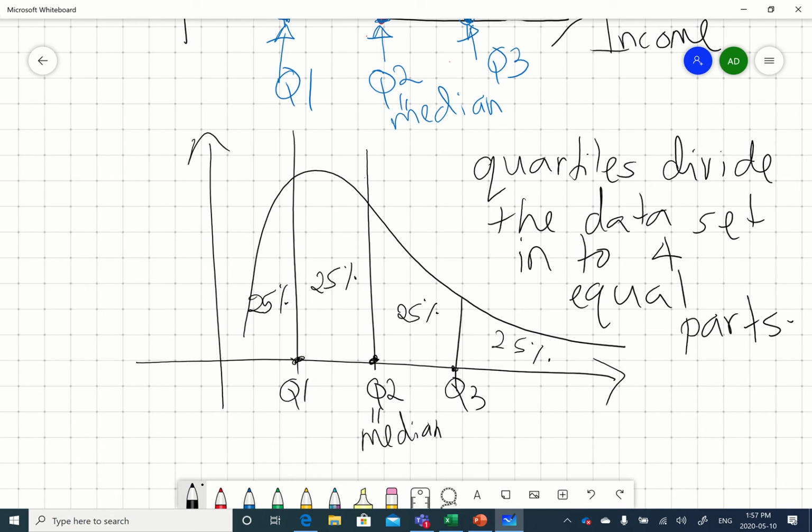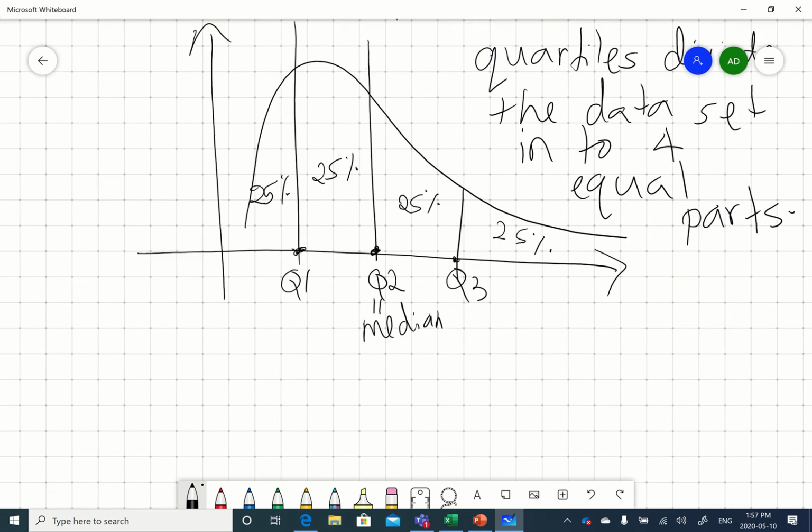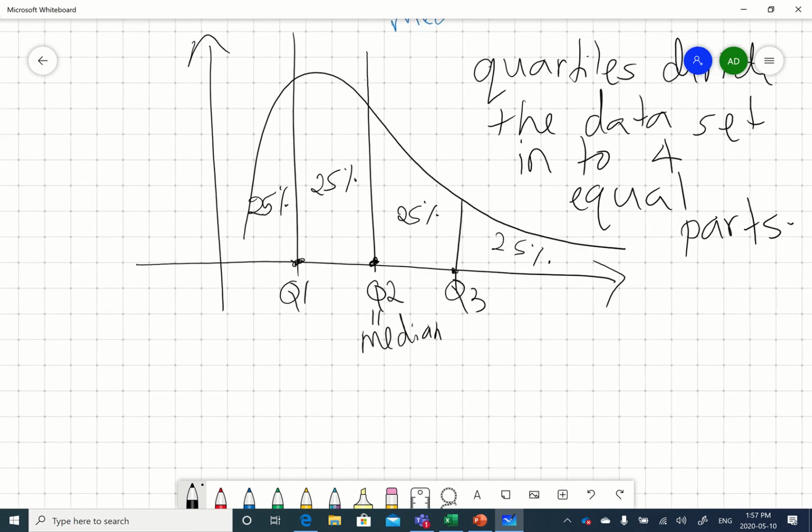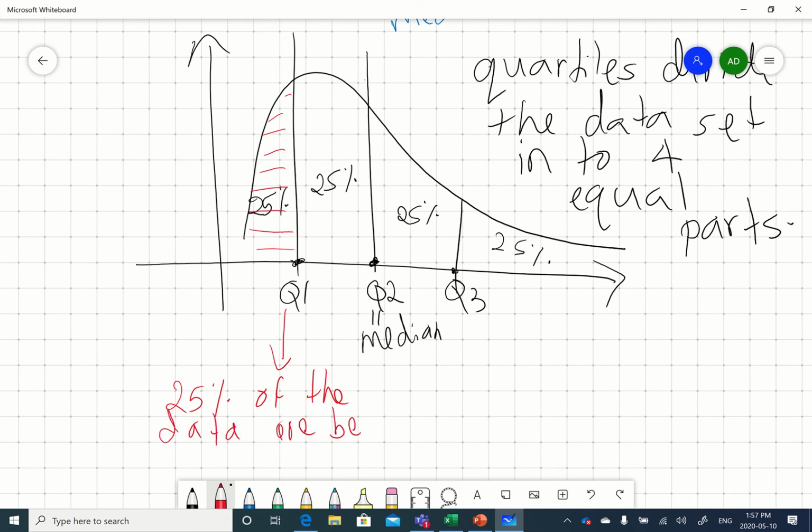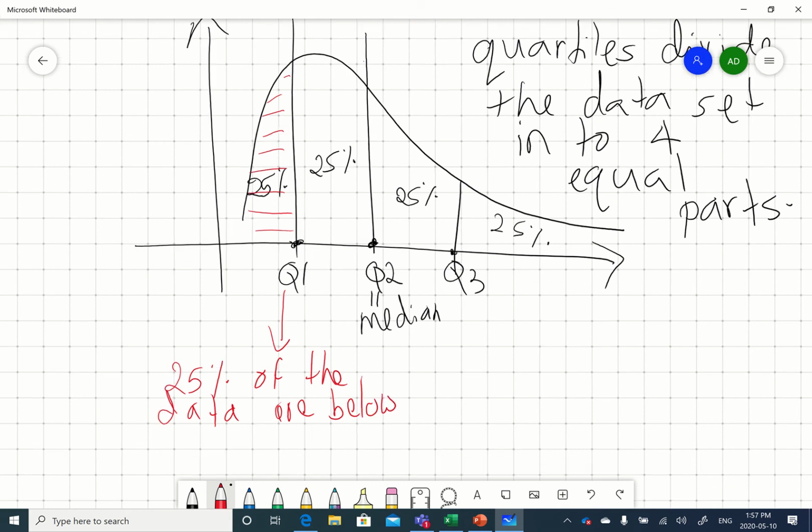Okay, and then generalizing this idea, we get percentiles. For example, I can rewrite these quartiles in terms of percentiles. As you can see, below the first quartile, you have 25% of the data. So I can write down 25% of the data are below Q1, right?